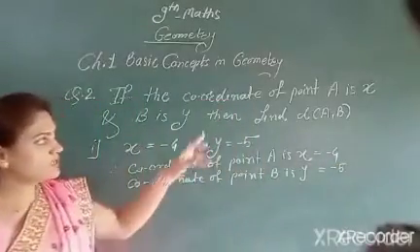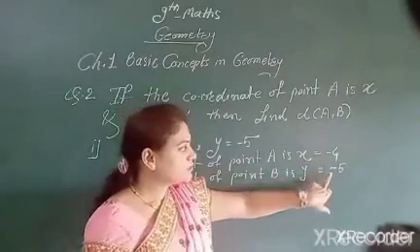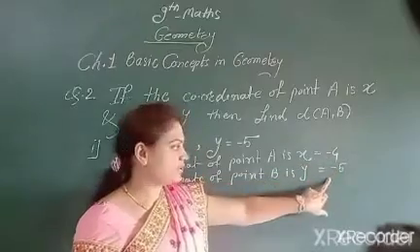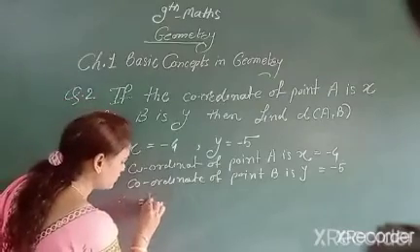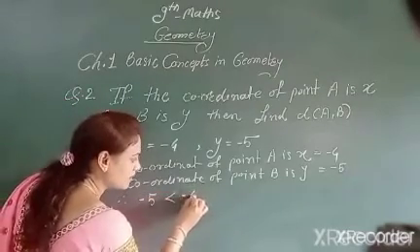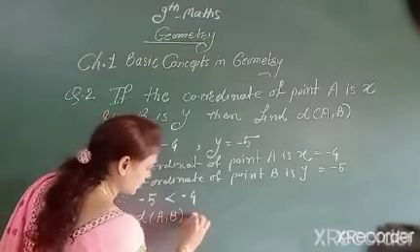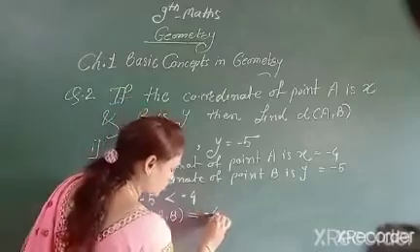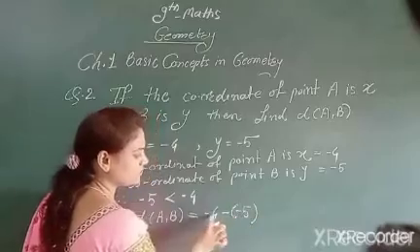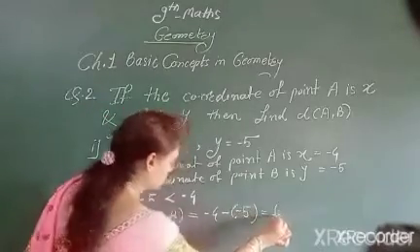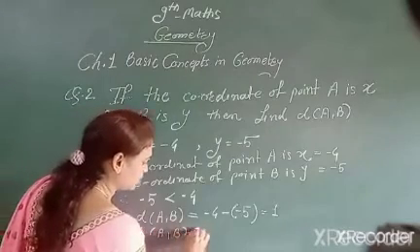Then the distance AB is subtracting the smaller coordinate from the larger coordinate. Which is the smaller coordinate? Here -5 is smaller than -4. Then distance AB is equal to -4 minus -5, that is -4 plus 5, which is equal to 1. Therefore distance AB is equal to 1.